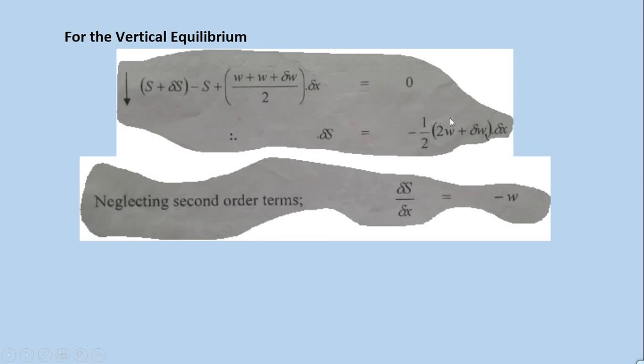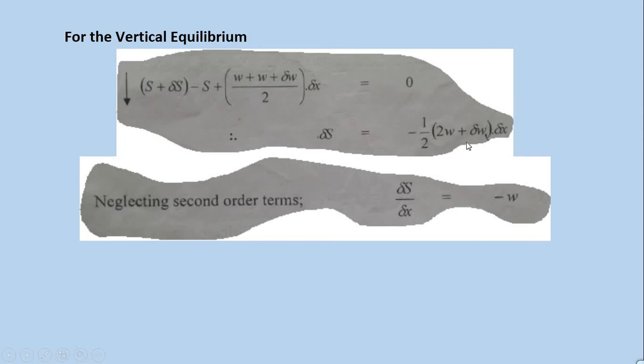When we remove these brackets, we have to multiply delta w by delta x. Those are very small, because delta w is very small and delta x is very small, so the multiplication is even smaller. Therefore those products are called second order terms, and they are neglected. That's why we cancel this delta w into delta x and only consider the 2w into delta x.